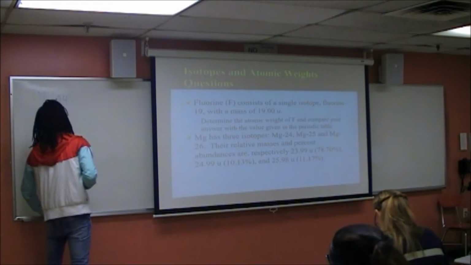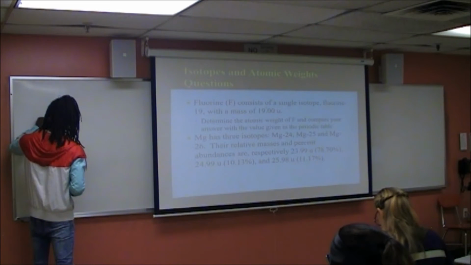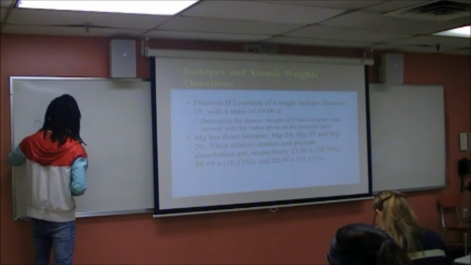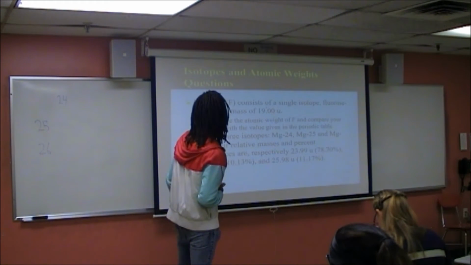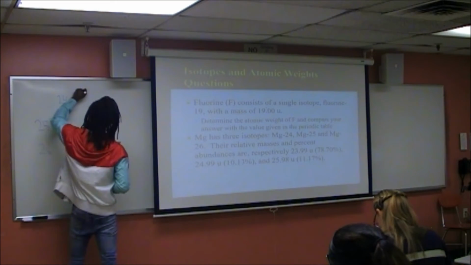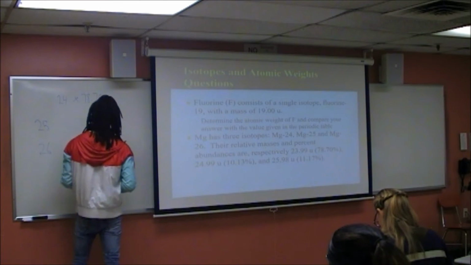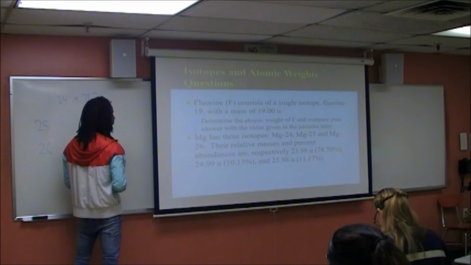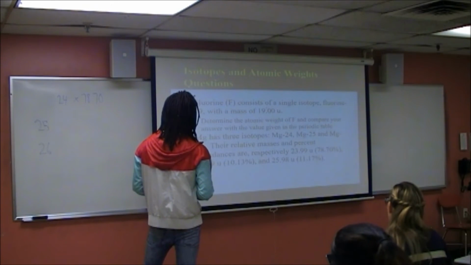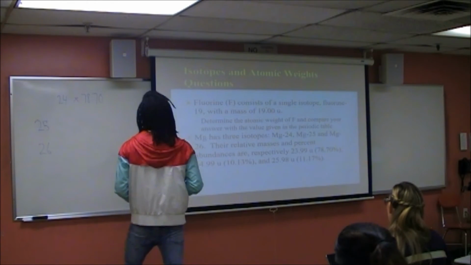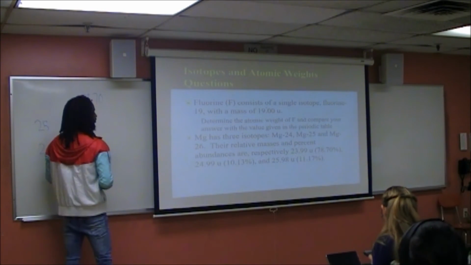Okay. No, sir. What is the mass associated with magnesium 24? 23.99. There you go. So don't round.